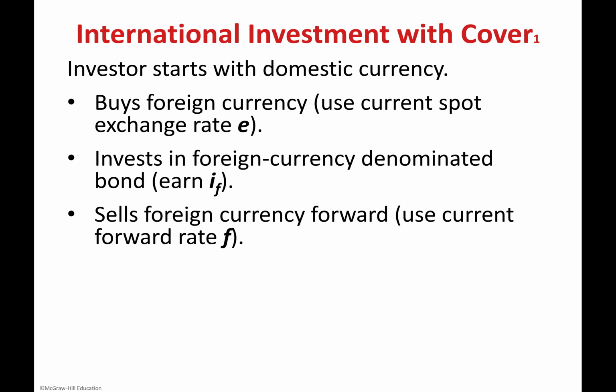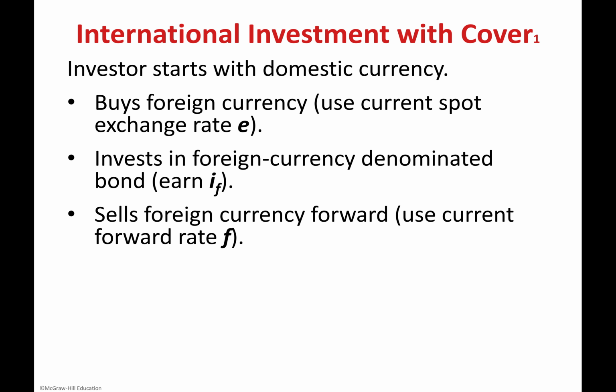So let's concentrate first on international investment with cover. So the investor starts with domestic currency. Of course, they can either leave it in domestic currency, and that's what we're going to compare it to. It's going to be our baseline, if you like. But let's look at the more complex option here.